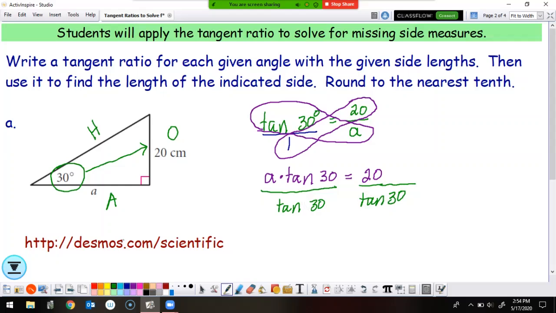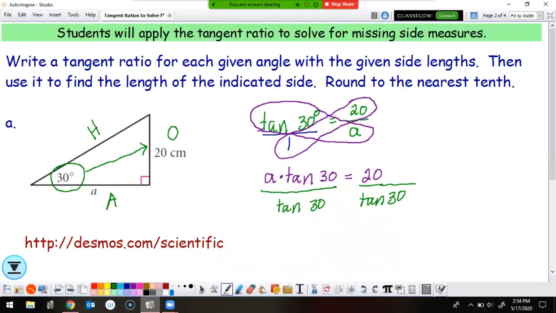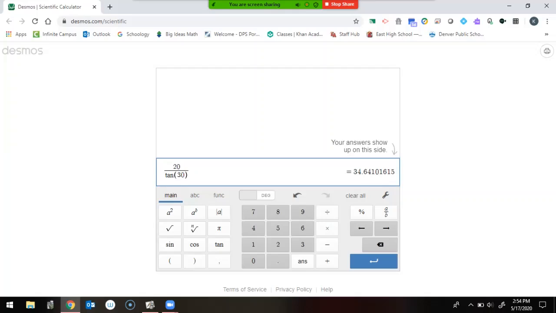Now I'm going to go to the Desmos Scientific Calculator. And I want to make sure the calculator is in degree mode, the DEG. And let's just verify what we said we were going to do, is going to be 20 divided by tangent of 30. So if we go back to that calculator, 20 divided by, notice it makes it a fraction for us, tangent of 30, and we can close the parentheses.